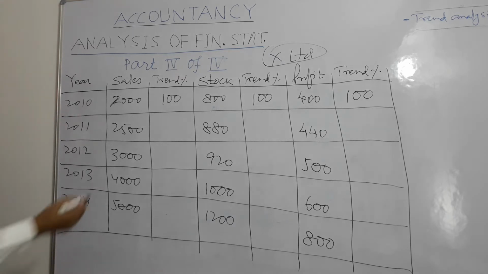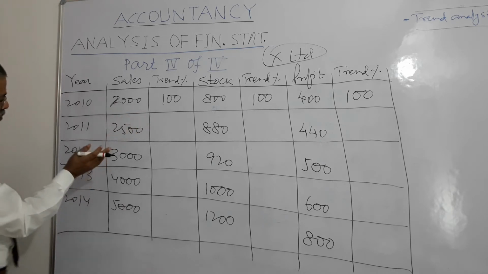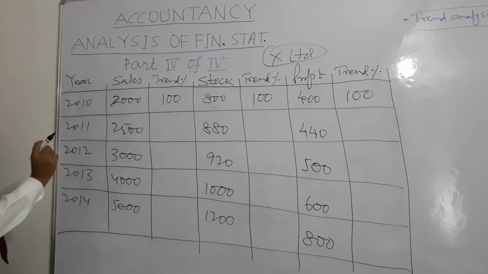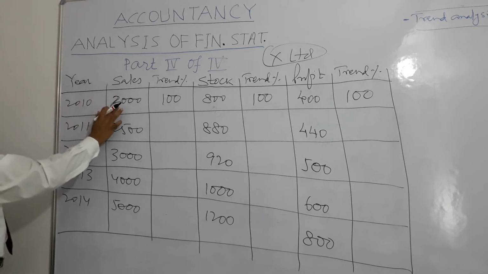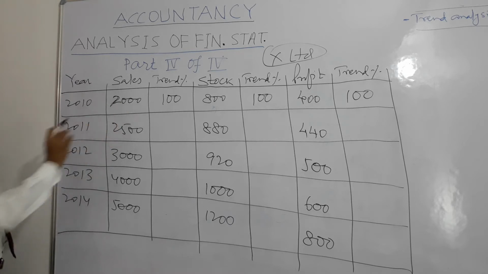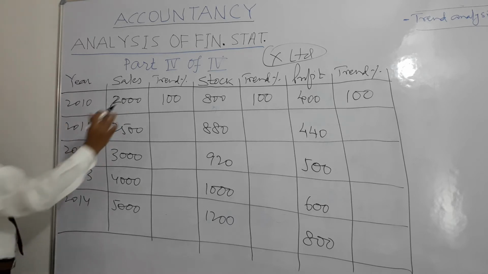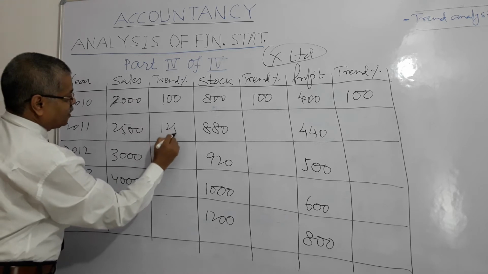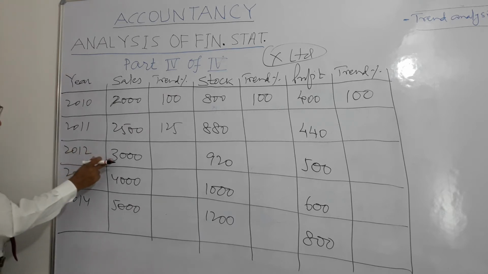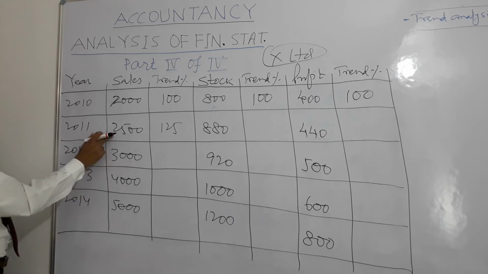So now we need to express all these figures in terms of the base year figure considered as 100%. When 2000 becomes 2500, this 100 becomes 125. And when this 2000 becomes 3000, we don't have to see this 3000 in reference to 2500.